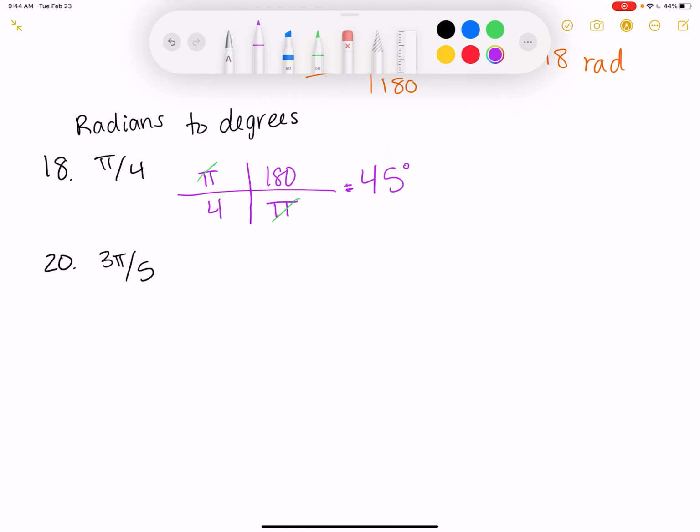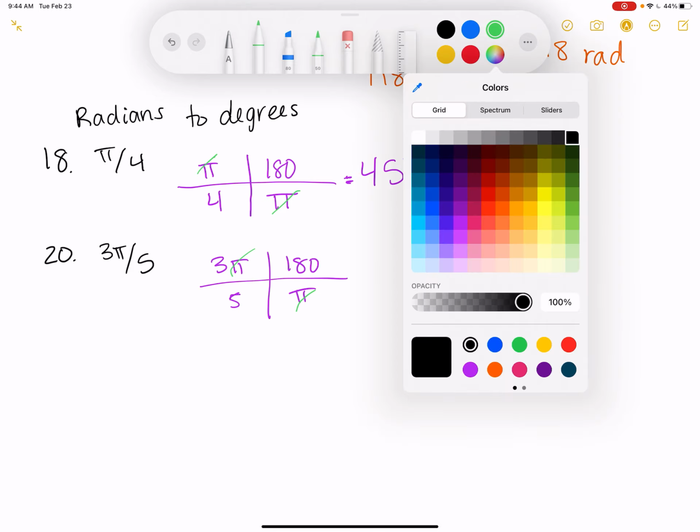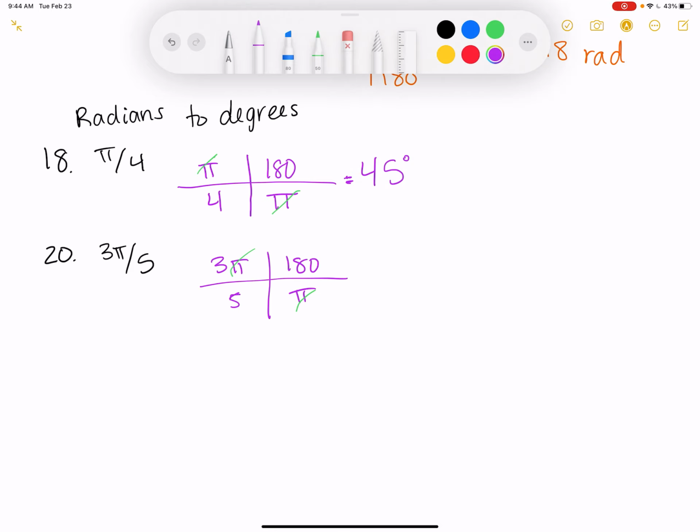3 pi over 5, times 180 over pi. This is similar to the same one, with the pi cancelling. It's 108.